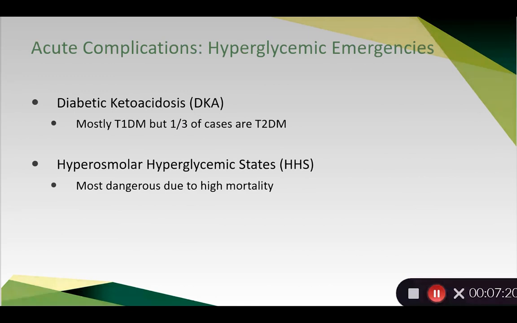It mostly occurs in our patients who have type 1 diabetes, but 1/3 of the cases occur in those patients who have type 2 diabetes. And hyperosmolar hyperglycemic states are actually fairly uncommon, but they are the most dangerous due to the high mortality associated with these states and states of emergency.